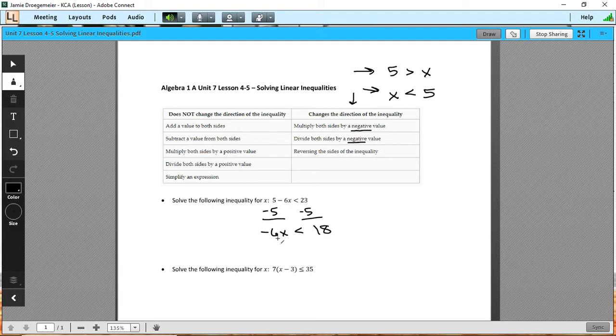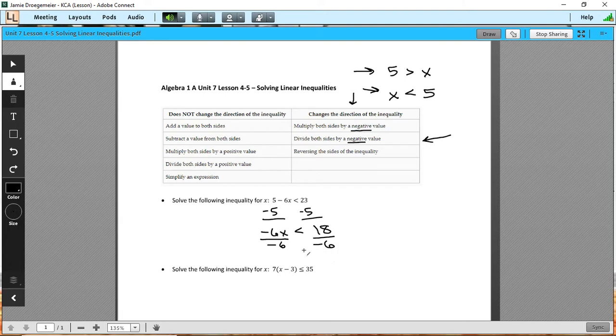Now, I still want to isolate that variable, get the x by itself. Right now, x is being multiplied by negative 6. So to undo that multiplication, I'm going to divide each side by negative 6. And here is an example where we are dividing both sides by a negative value. We're not looking at the number that's being divided, but the number we're dividing by is negative.